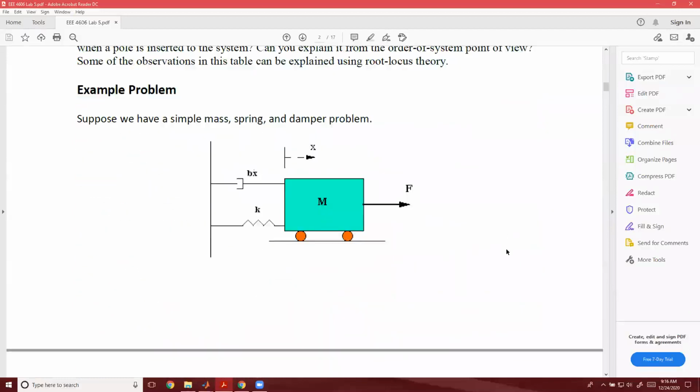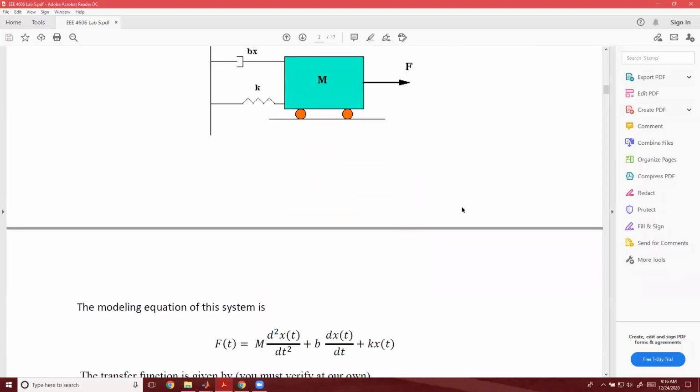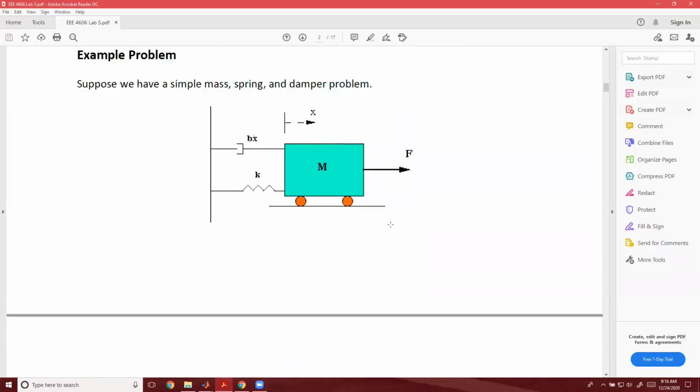We have a simple mass spring and damper problem here, right? I think this is very familiar to you from your control system theory course. So how do we model the system? We put F equals to what?